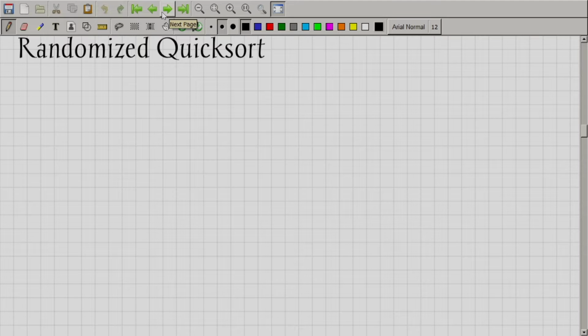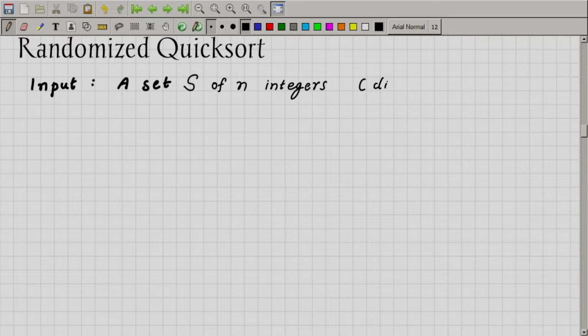So, let me just write down what are the input and output for this algorithm. The input we will assume is a set S of n integers. We will assume for the time being that these are distinct integers, okay.